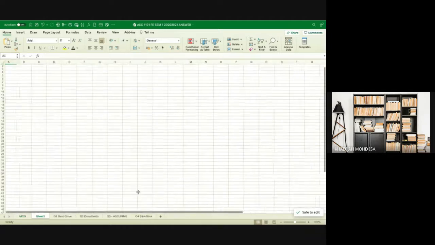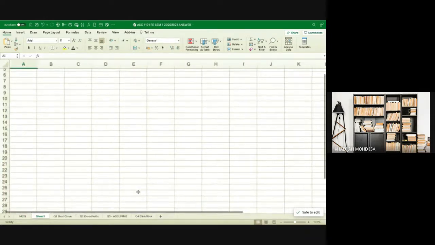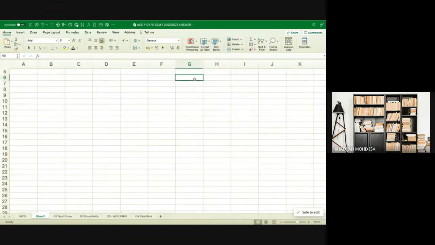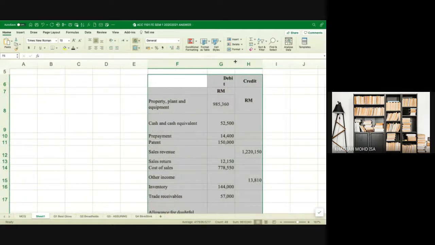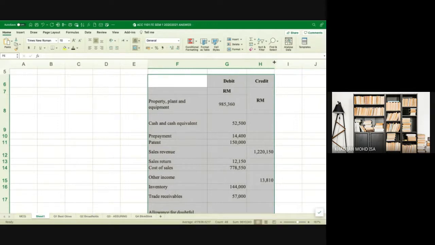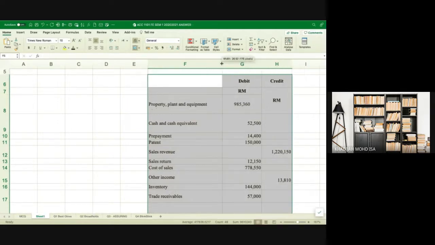All right. So I will put in all this information here. Command V. Remember that I copied just now? So of course, you don't have this in your final exam. You have to do it using your pen and pencil, but I will just show you how it's been done.